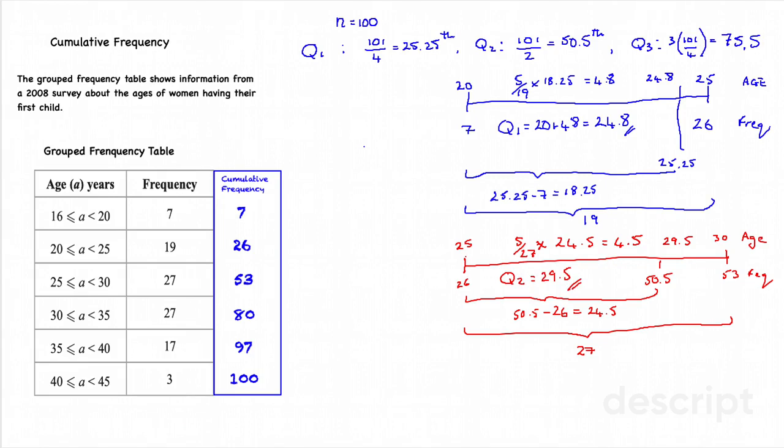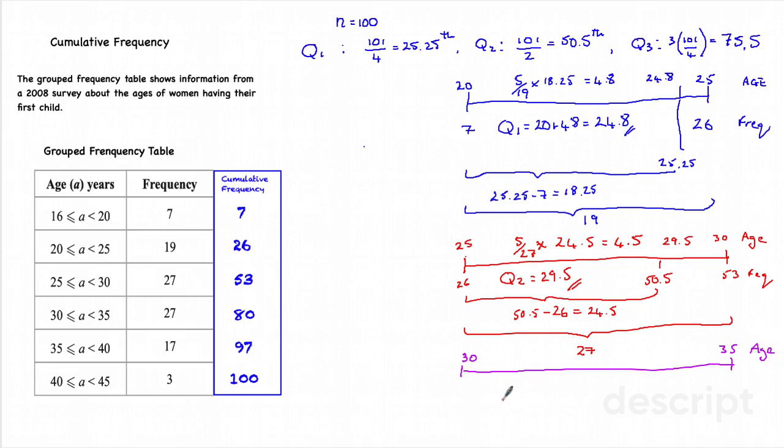And we're going to look at Q3. So I need the 75.5 value. I've got 53 here and 80 here, so it must be in this group, 30 to 35. That's the age.